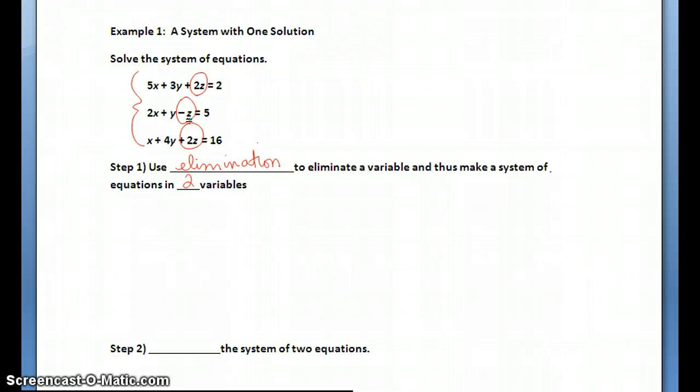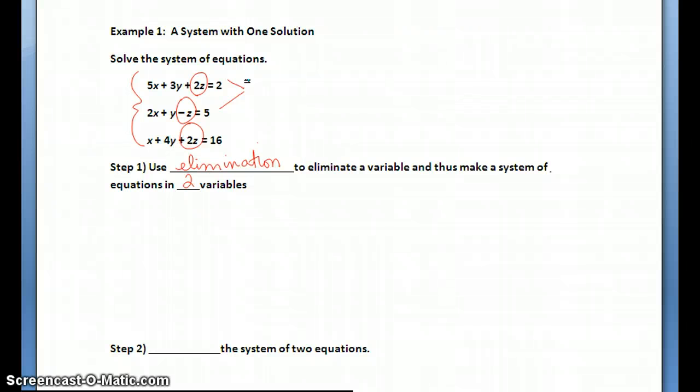So what I want to take is two of the equations, and I want to eliminate the z's out of the first two equations, let's say. So I'm going to use this equation and this equation, and I'm going to eliminate the z's. To do that, I'm going to have the same coefficient in front of the z. One of them will be positive and one will be negative, so it'll eliminate each other.